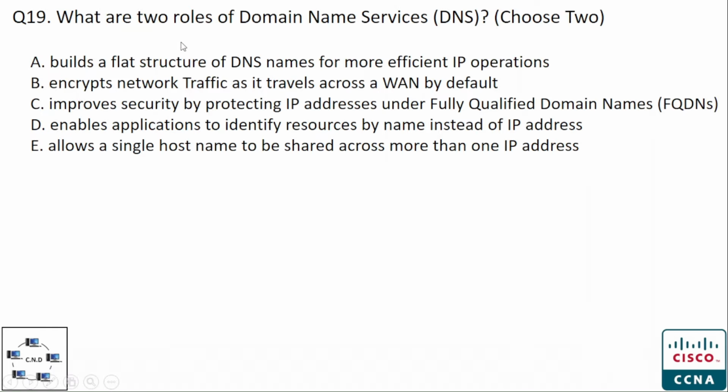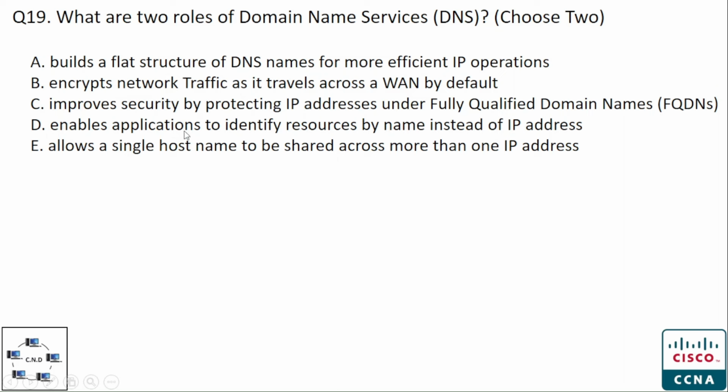Question number 19. What are two roles of domain name services, that is DNS? Choose two options. And the options are option A, builds a flat structure of DNS names for more efficient IP operations. Option B, encrypts network traffic as it travels across a WAN by default. Option C, improves security by protecting IP addresses under fully qualified domain names.